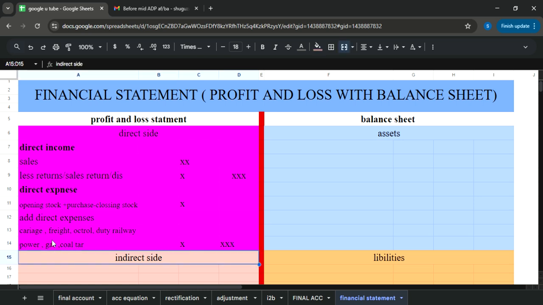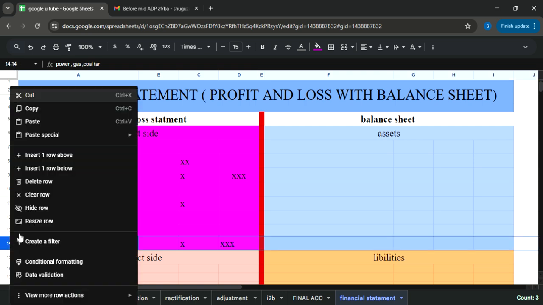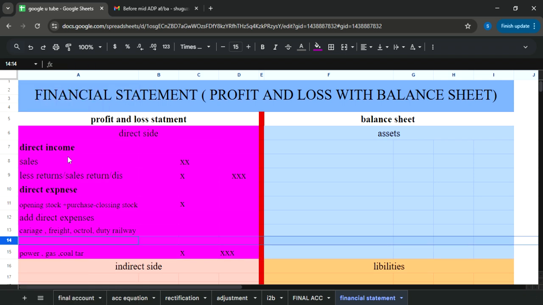So here you will write total cost of production, and over here our final statement will be made in one more row so that we can calculate it. Okay, over here what we have done, there were two different items we have written over here.